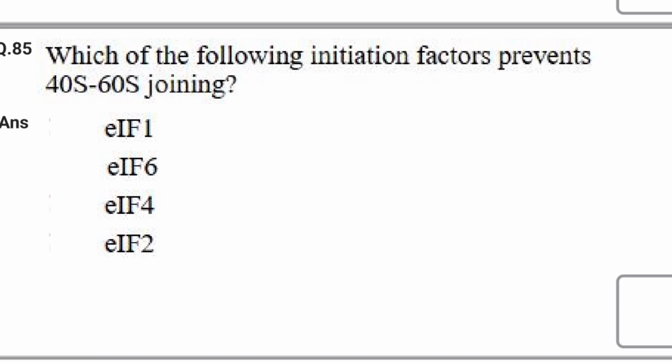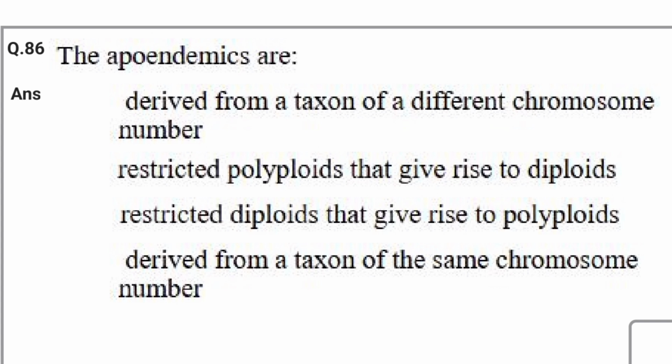Which of the following initiation factors prevents 40S and 60S joining? Options are EF1, eIF1, eIF6, eIF4, eIF2. For this, the correct answer is initiation factor 6. Let's see the next question.